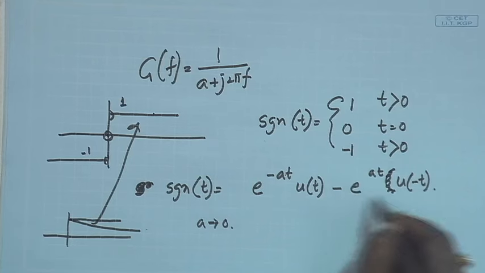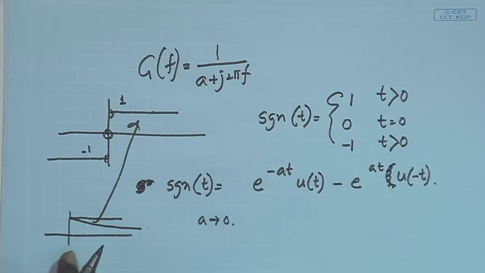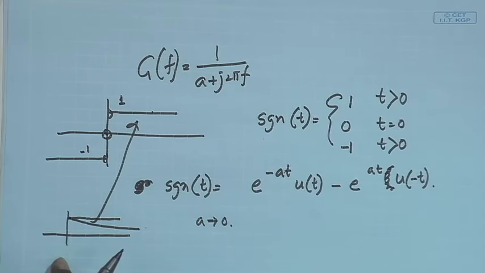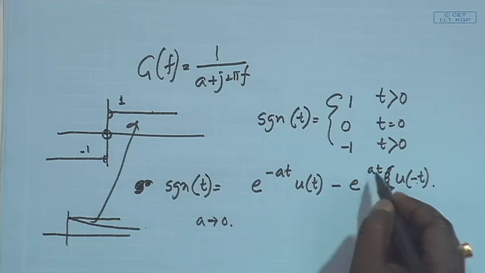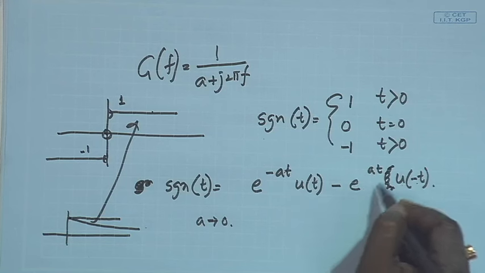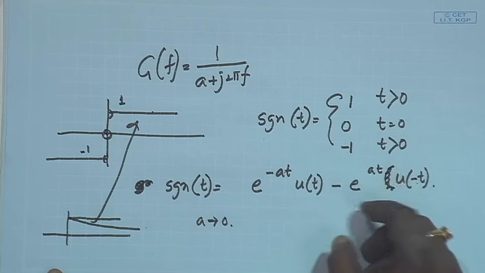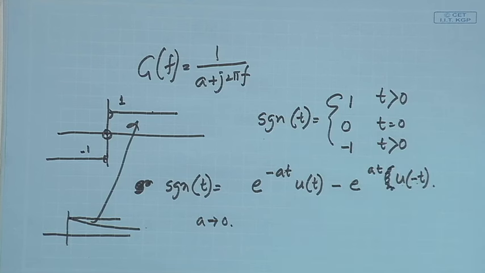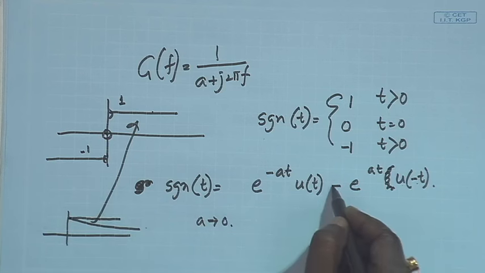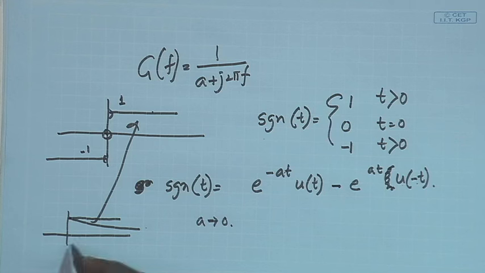Okay. And this part, it is u minus t, that means it is defined over here in this range, because u t is defined from 0 to infinity, therefore, u minus t is defined from minus infinity to t. So, u minus t means it is defined over here, and I have put e to the power a t. Okay. So, as a tends to 0, this will again become a value 1 for every value of t. But because there is a minus, it will always attain a minus, and it will be something like this.